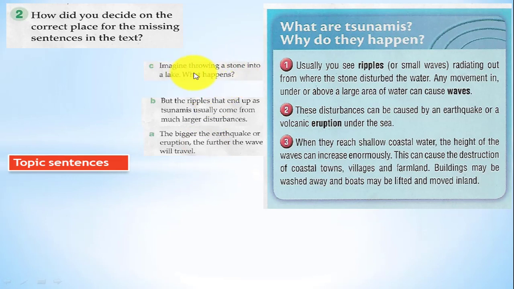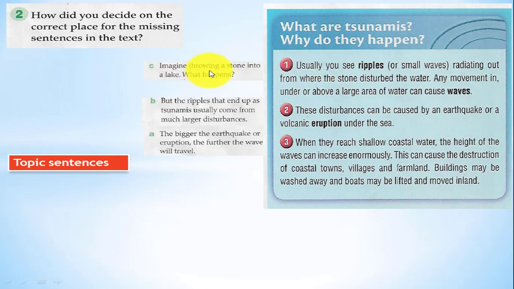So the topic sentence tells us what the paragraph is about. Of course, we have read the paragraph and highlighted its main idea, and we go back to the sentences because we will relate the topic sentence from the paragraph to the sentence itself.